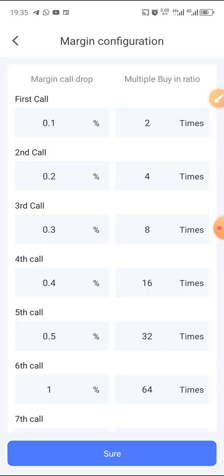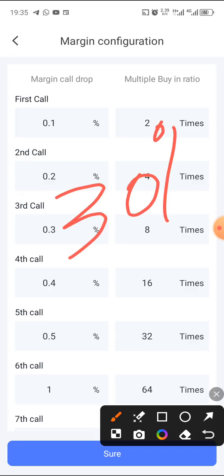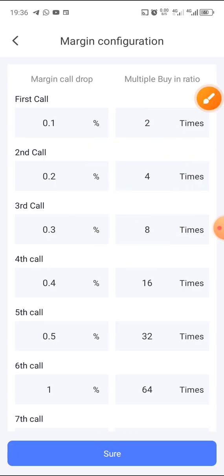What do I mean? That even if the market drops by 30%, you'll be still buying and selling. You'll be still earning profits even when the markets are down. Now, I know you're asking, where is the 30% coming from? Remember, we have 32 margin calls.